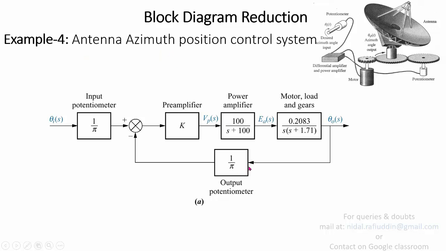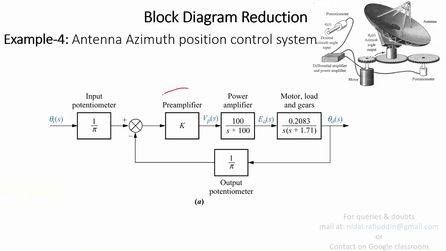Then again, you have the output potentiometer, which was working as a feedback and sensing element, sensing the position of the antenna and comparing it with the reference that was fed to the input potentiometer. So this is in fact a block diagram representation of the system of antenna azimuth position control. And now we are required to find the final transfer function using the block diagram reduction technique. A problem of this type is quite easy because things are straightforward.